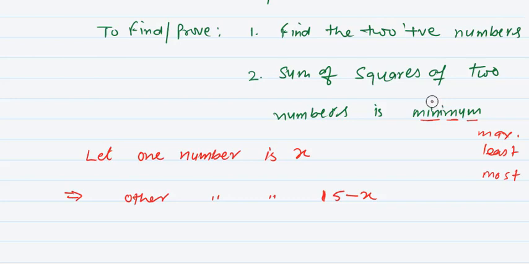In the previous exercise questions the function was already given, and you directly proved that this is the point of minima, this is the point of maxima, and so on. The only difference is that here we need to frame the function ourselves. So here the function to be framed is the sum of squares of two numbers.